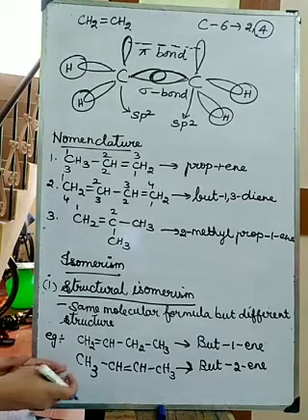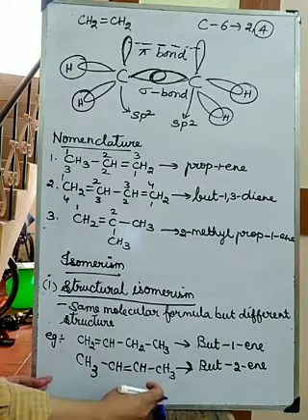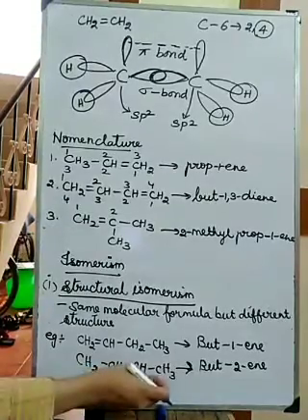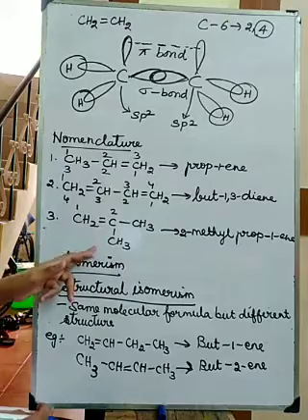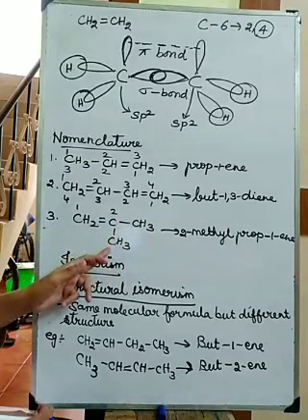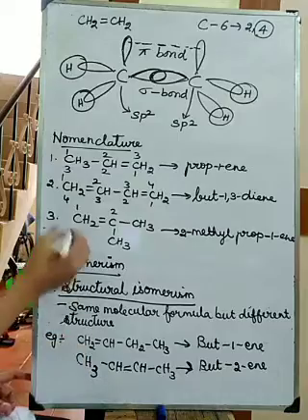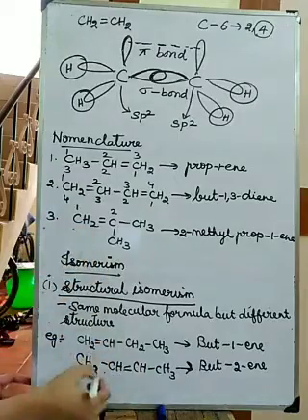Now instead of 4 carbons in a straight line, what I can do? 3 carbons in the straight line and 1 in the branch. Here, this one. 3 carbons in the straight line and 1 in the branch I can draw. So draw this one as the third isomer.